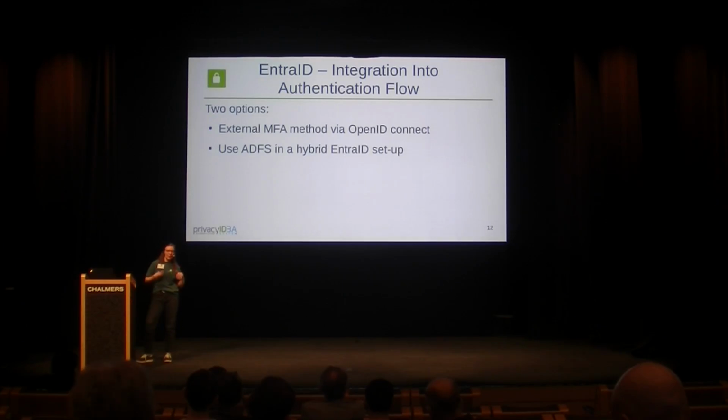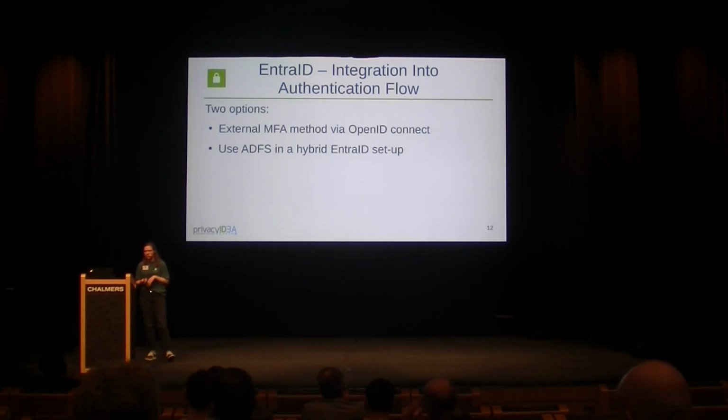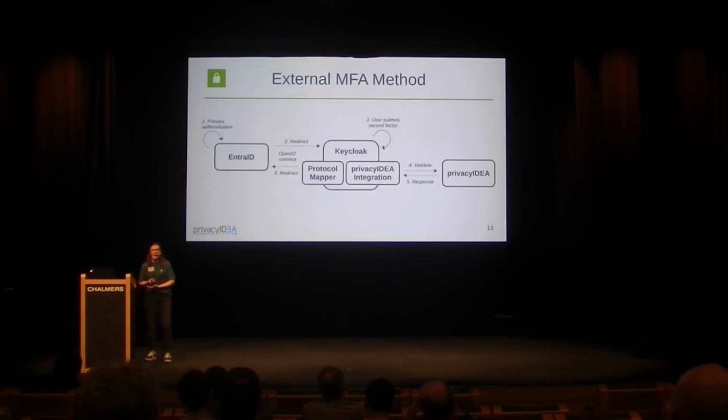If you have a hybrid Entra ID setup where users are still synchronized with a local Active Directory, we can also use Active Directory Federation Services to get into the authentication flow. Let's have a look into these flows, starting with the external MFA method. As privacyIDEA is not an identity provider, we can use Keycloak instead, which is also an open source project.